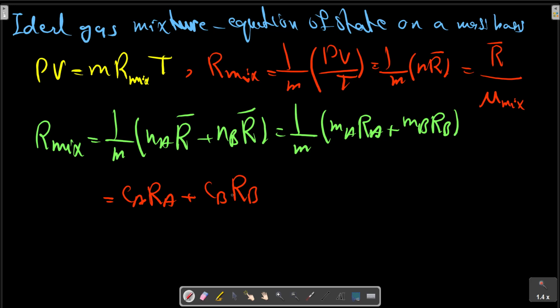The entropy of an ideal gas mixture can also be expressed as this relation.